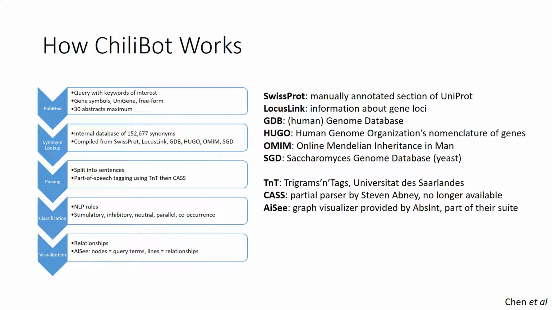So how does ChiliBot work itself? On the left, you can see it looks like a pipeline. First, you give ChiliBot a query. It could be anything: genes or free-form words.